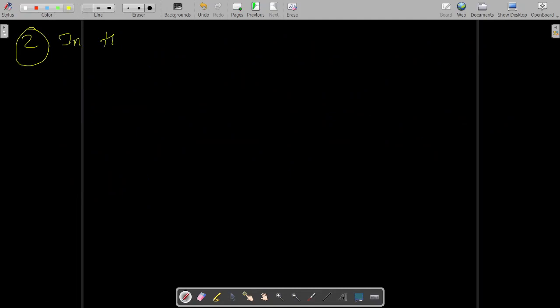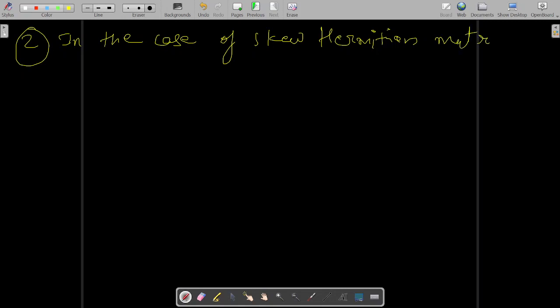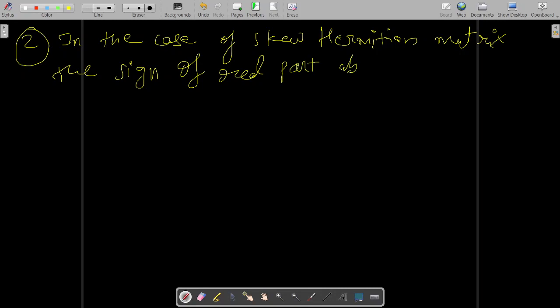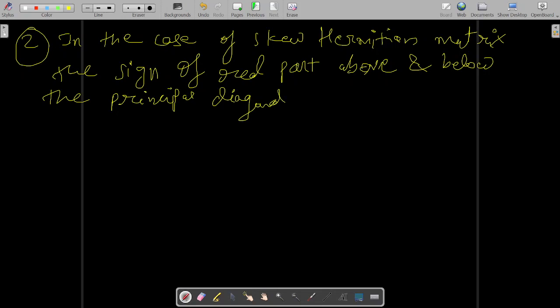In the case of skew Hermitian matrix, the sign of real part above and below the principal diagonal are of opposite nature.